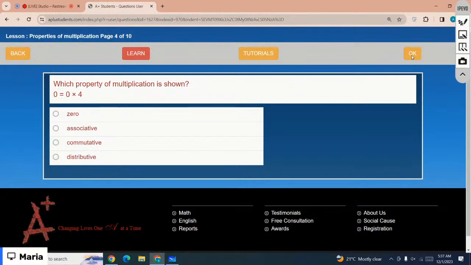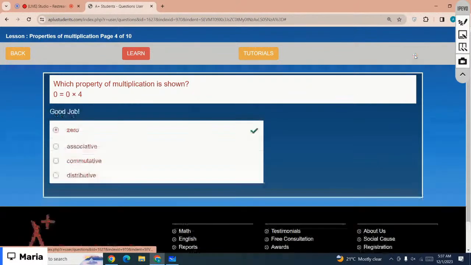Zero is involved, so that is a zero property. The correct option is zero property, right? Because zero is the number that when multiplied with any number, the answer is always zero. So that is zero property.